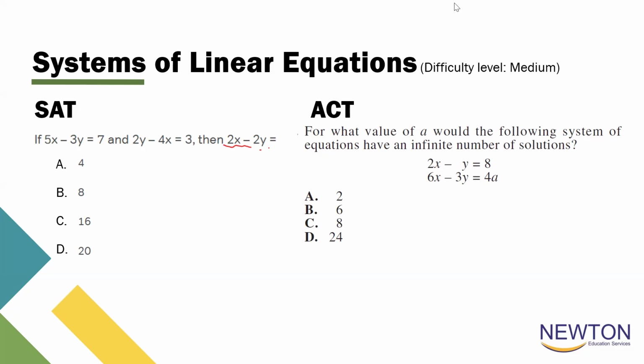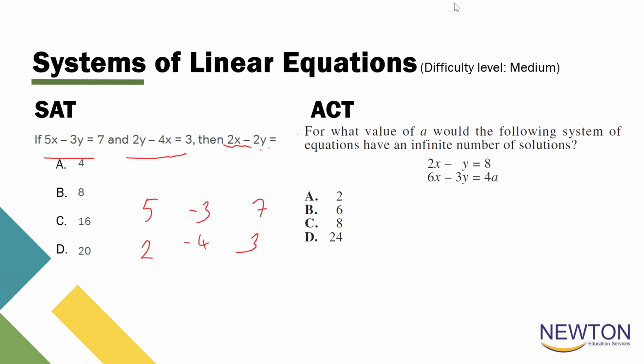So usually I have my calculator in the exam, so this is a pretty straightforward calculator question. I will put these in by choosing mode, equation 5. So I will solve these simultaneous equations. I will write just the coefficients, 5, -3, and 7, 2, -4, and 3.